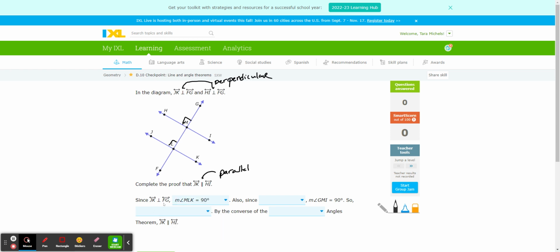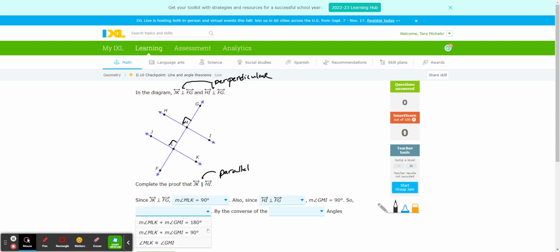Remember, that's what the definition of perpendicular is. It means that it forms that 90-degree angle. Also, since HI is perpendicular to FG, angle GMI is 90 degrees.